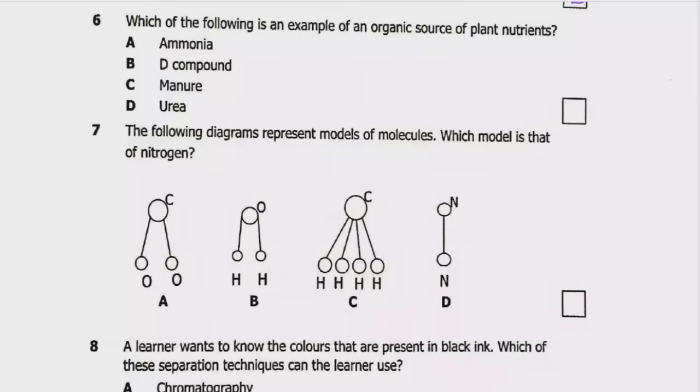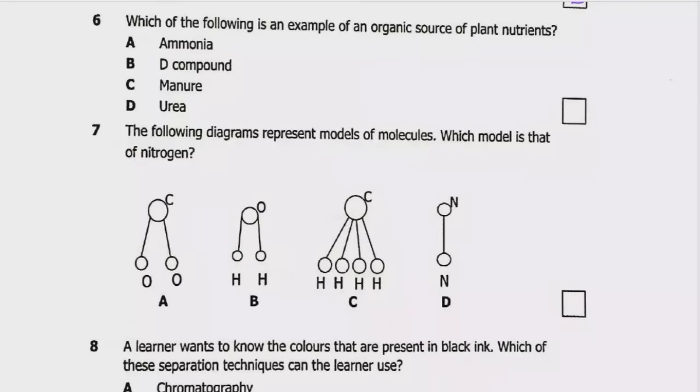Let me tell you what an organic source of plant nutrient is. Organic source of plant nutrient, this is what God made, or this is nutrient that comes from what God made, not man made.